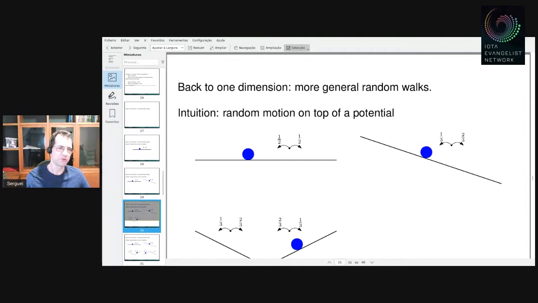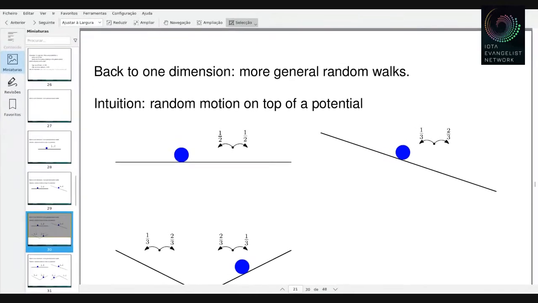So, for instance, suppose that when this guy is here in this left half of the picture, he has a tendency to go to the right, but when he is here, he has a tendency to go to the left, and then you can visualize it like this. So here it will drift to the left. Here it will drift to the right.